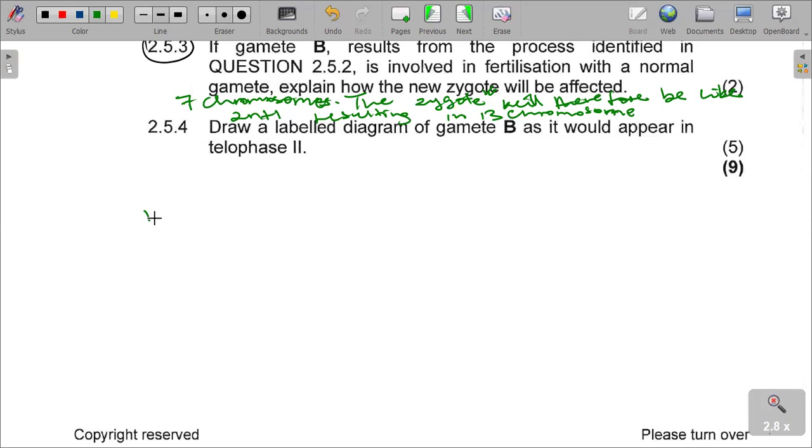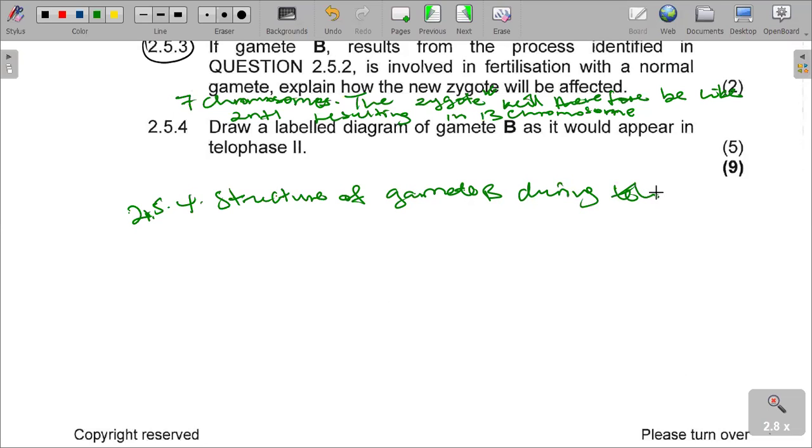When you are asked to draw a diagram, you must always give a caption or a title. 2.5.4, and then our caption: structure of gamete B during telophase 2.